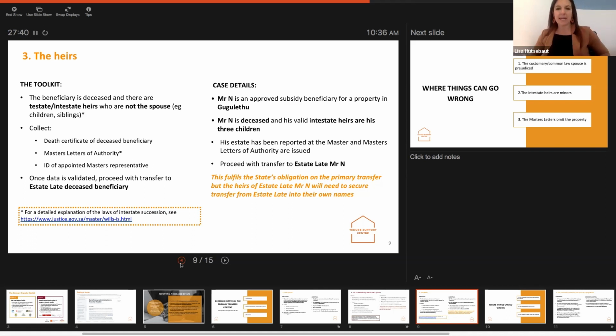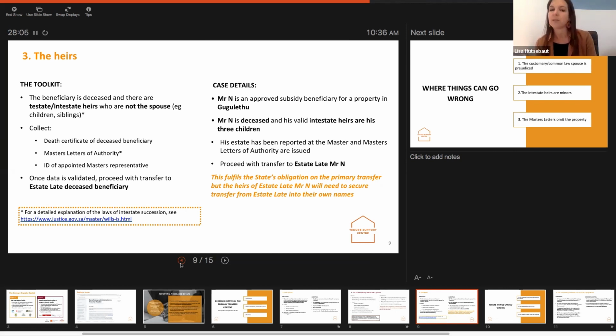Okay, so this particular case that we had, Mr. N was an approved subsidy beneficiary for a property in Guguletu. He passed away, he didn't leave a will, and he had 3 children who, according to the law, would be his valid heirs, the people entitled to inherit. His family, once again, had done their homework and gone and reported the estate at the master's office and had received master's letters of authority.